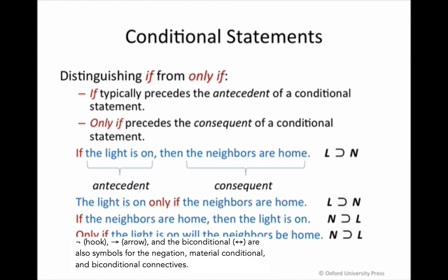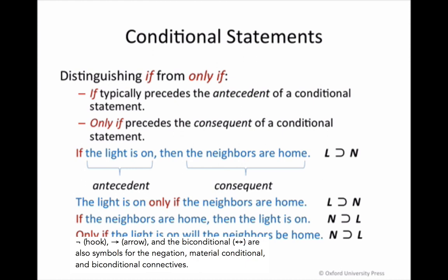But what happens when you have the phrase only if? Only if the light is on will the neighbors be home. When you see the phrase only if, look at what comes immediately after that, and that's what you put in the consequent position.